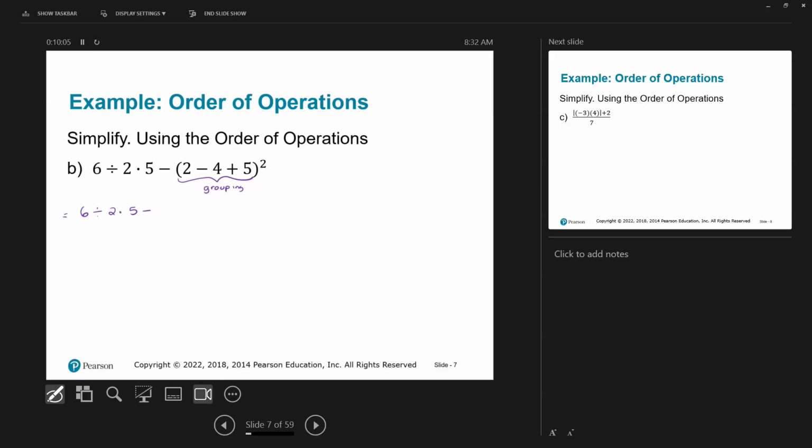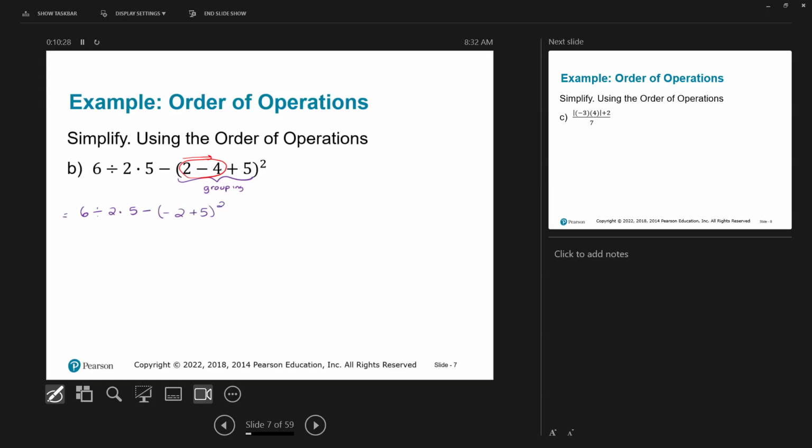So once I do my groupings, I have to repeat my order of operations again. So going left to right, what comes first is the subtraction. So we're going to do the inside of the groups, but we're going to go back to order of operations. 2 minus 4 is just -2 plus 5.